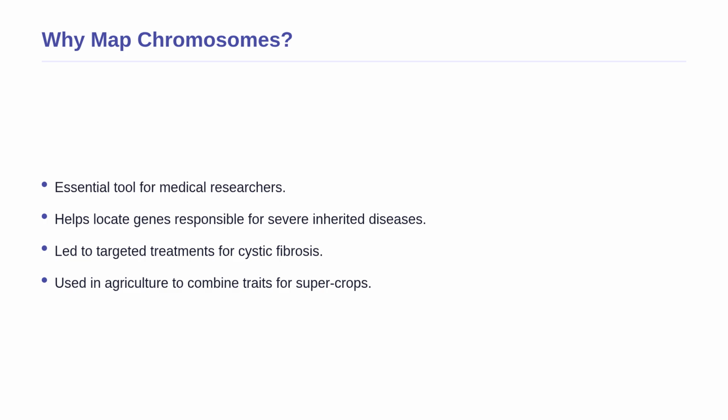For example, before we had modern DNA sequencing, scientists used linkage mapping to find the exact location of the gene responsible for cystic fibrosis, which eventually led to targeted treatments. Furthermore, in agriculture, plant breeders use these maps to combine desirable traits, like drought resistance and high yield, into a single supercrop.